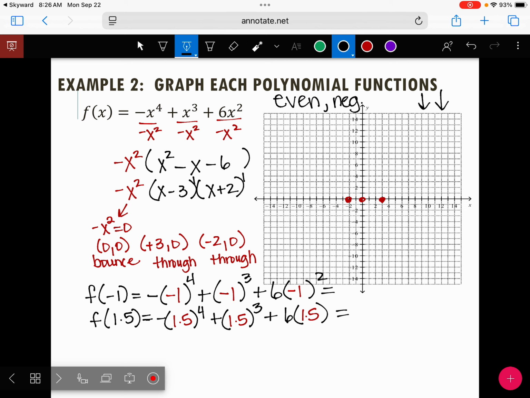I did not get 6. You got 4? Anybody else get 4? I got 4. You said what? Yes. You got 4? All right. Yeah, you should get 4. So that means I have a point at (-1, 4). And then also type in the 1.5. I got 12.